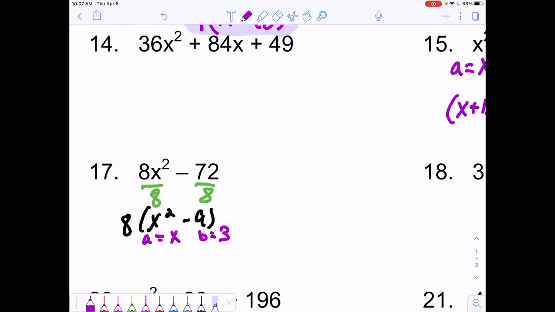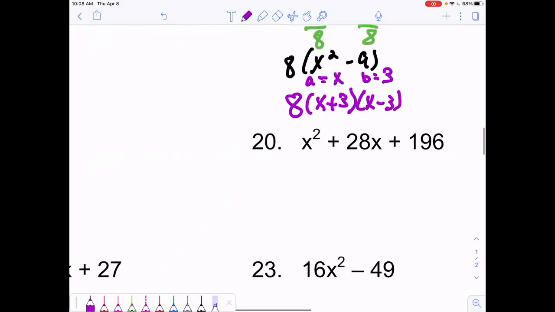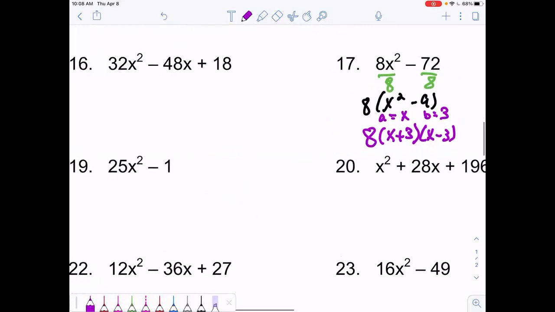Yeah, x and 3. So what's your final answer to that? Well, remember, it's only 2 terms. So when there's 2, you get 2 answers. So this one, you get x plus 3, x minus 3, and don't forget that 8. Keep that there.